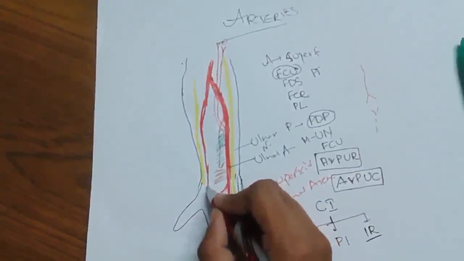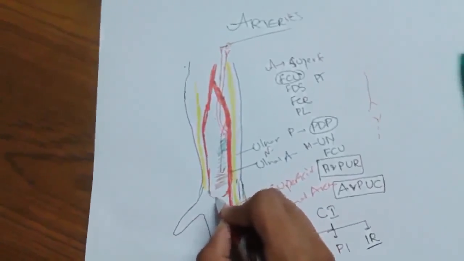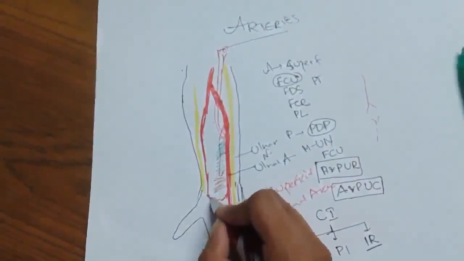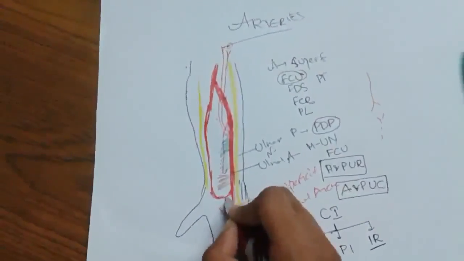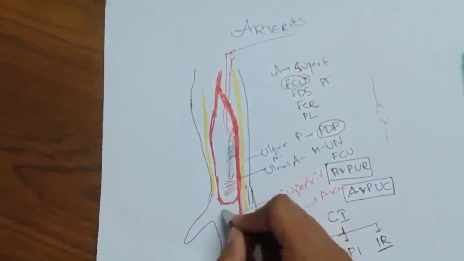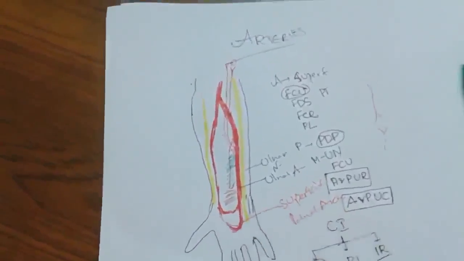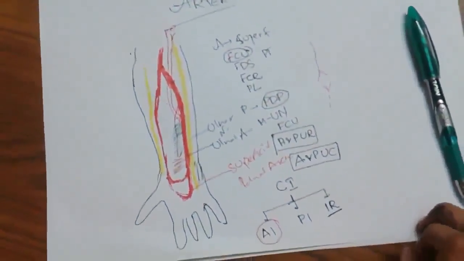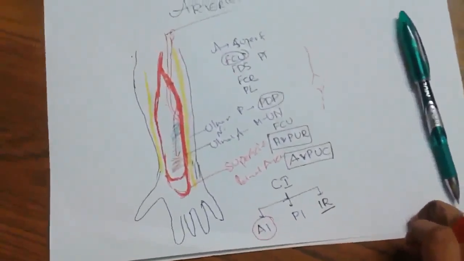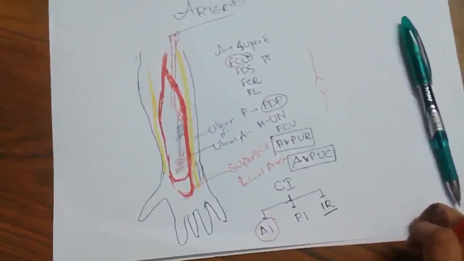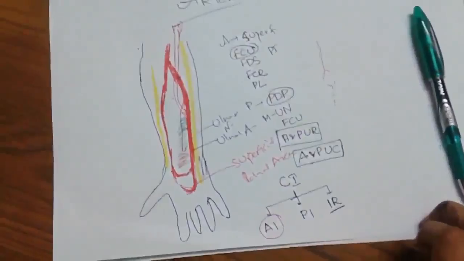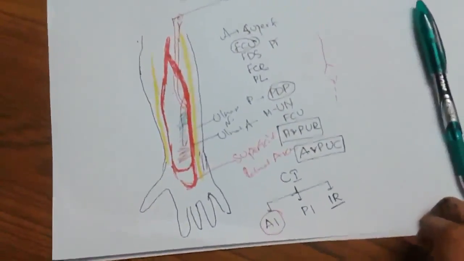The deep branch is very easy. This deep branch continues with the deep palmar arch. The superficial branch is very small, and it continues with the superficial palmar arch. That is, it anastomoses with the ulnar artery and forms the superficial palmar arch.